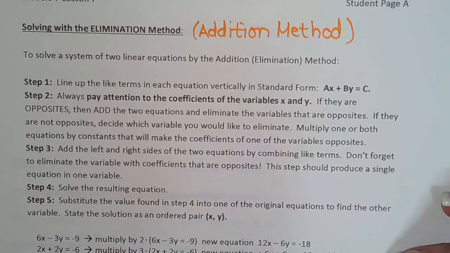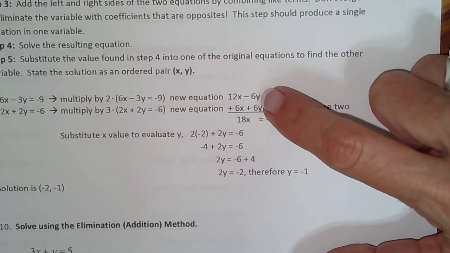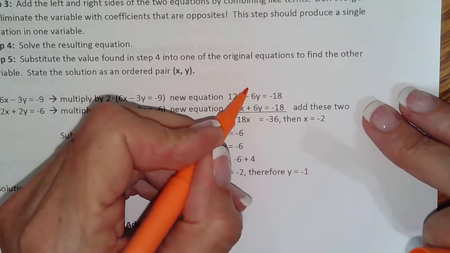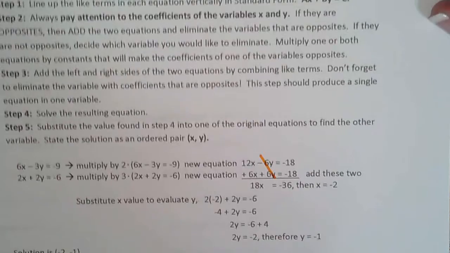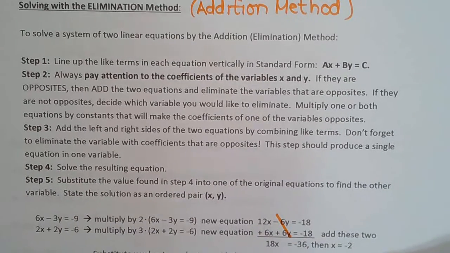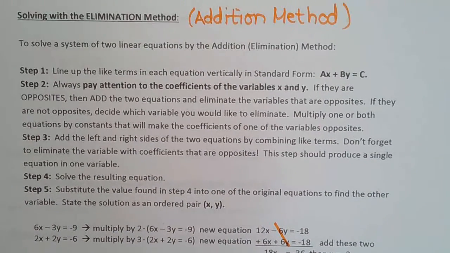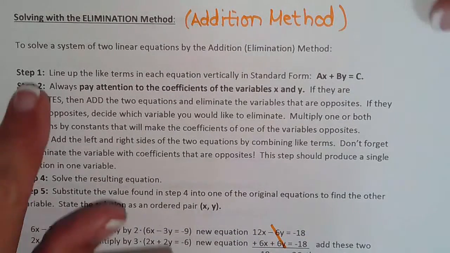They're both very descriptive, and elimination is a good name too because see what happens here? Negative 6y plus 6y eliminate. So I'm not sure which name Alex calls it. It might interchange and call it both names. So, whatever, just make sure you recognize it when you take your test and final.